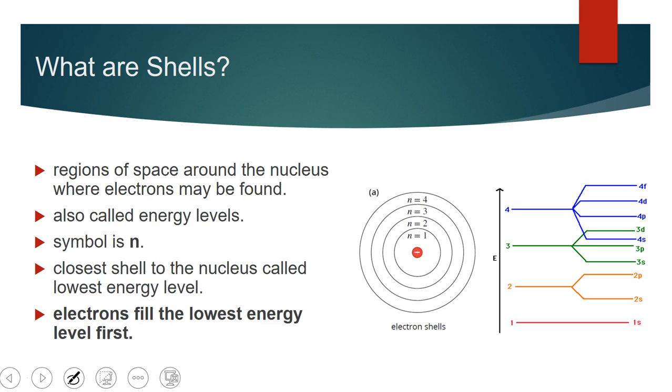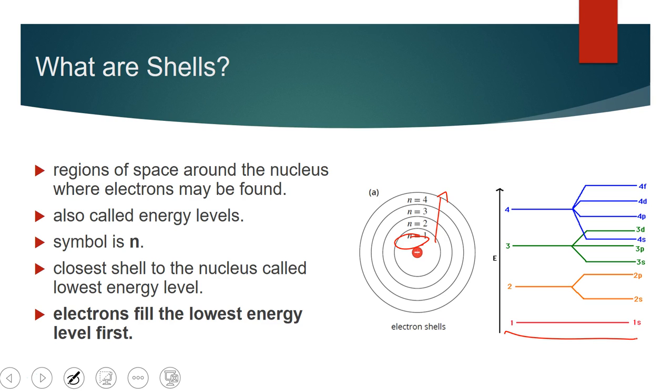So n equals 1 is the shell closest to the nucleus, and as we move out from the nucleus towards the valence shell, the number goes up. Electrons fill from the lowest energy level first, so the electrons closest to the nucleus, in shell number 1, n equals 1, will go in there first.